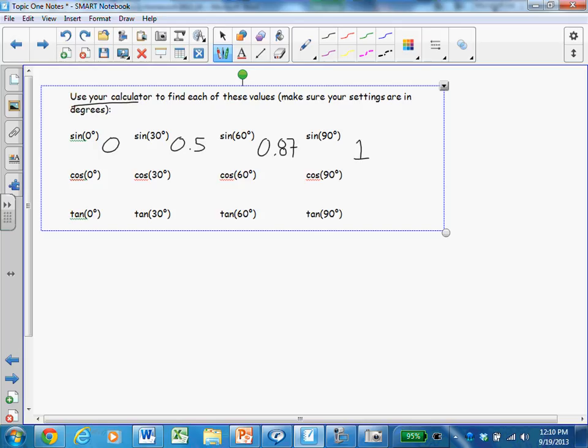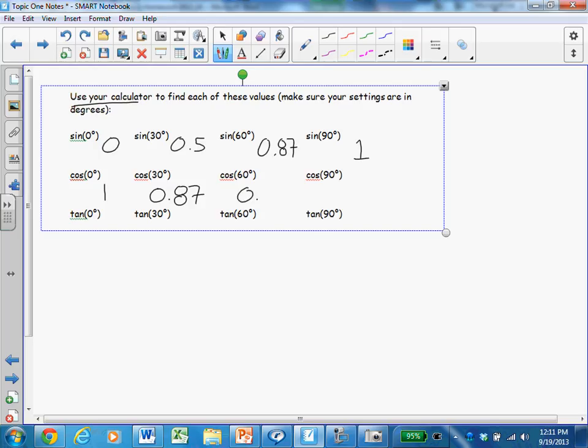That's okay. How about cosine of 0? 1, because now the adjacent is equal to the hypotenuse. 30? Or cosine 60? Cosine 90?